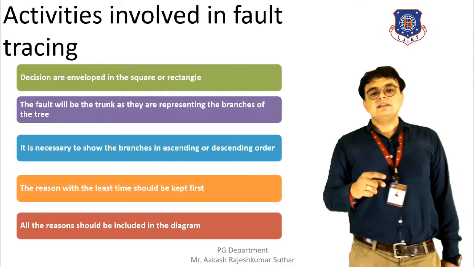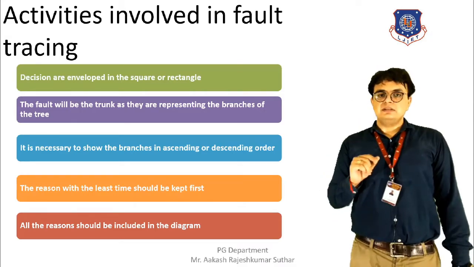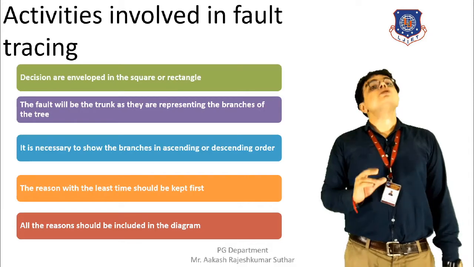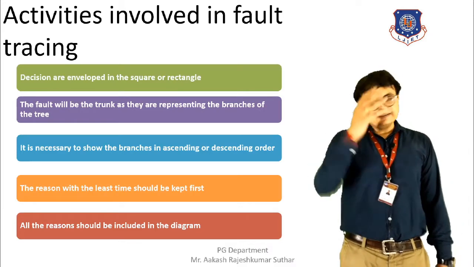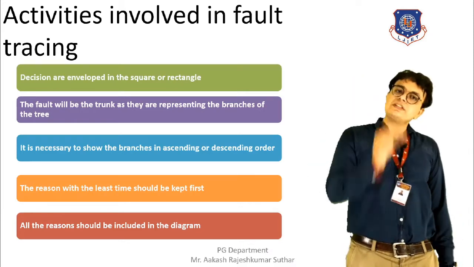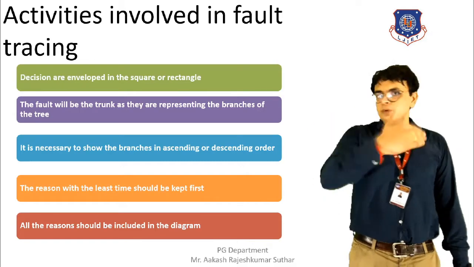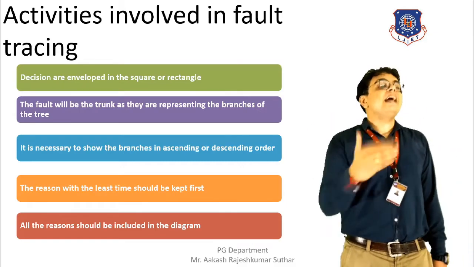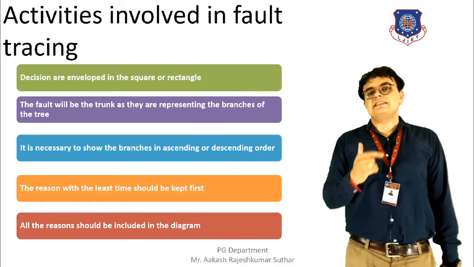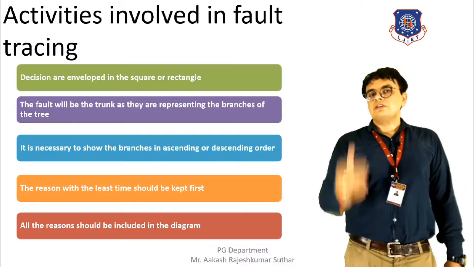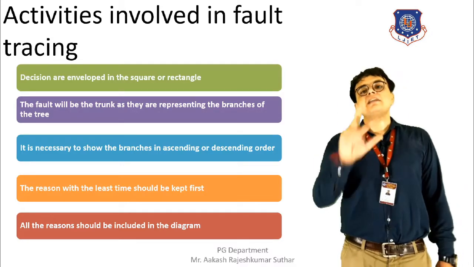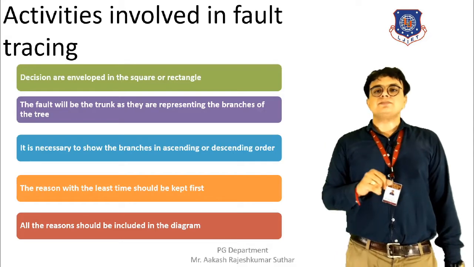The fault will be the trunk and they will be represented as the branches. In a decision tree diagram, the faults are the branches. The more faults there are, the more branches there will be. So this is how the faults and the branches correspond to each other.